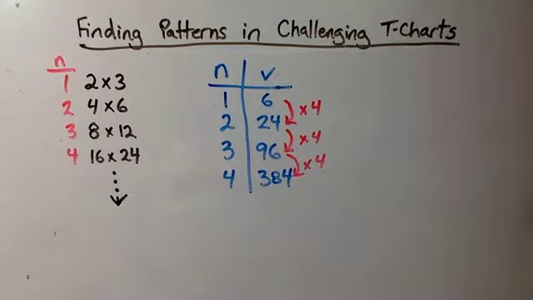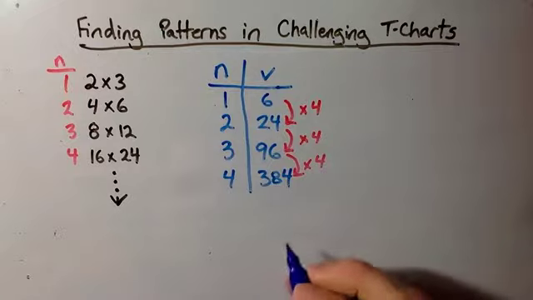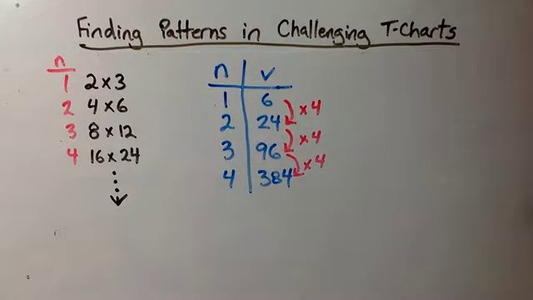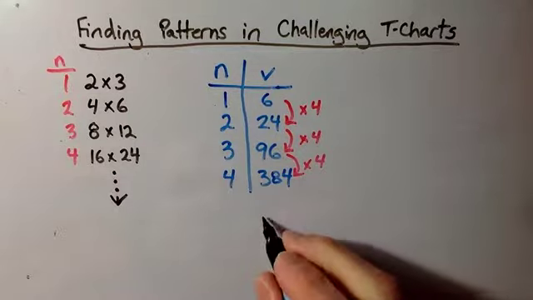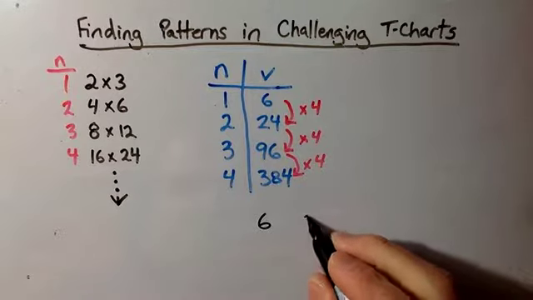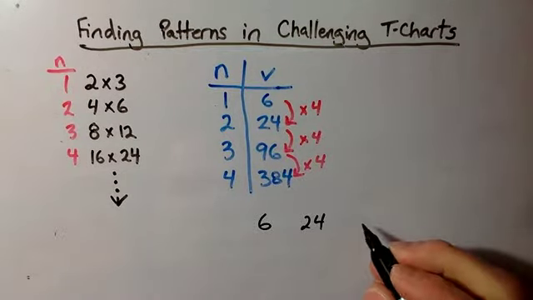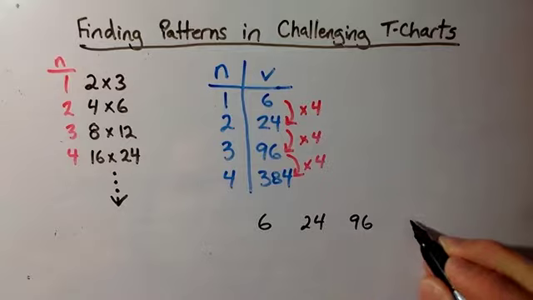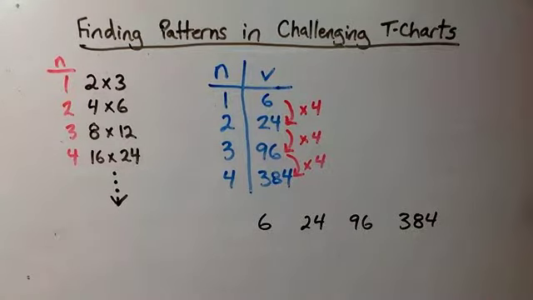If you remember back to factoring, we can also think of it that way. If I wrote the numbers along in a line, our first number is 6, our next one's 24, 96, and 384. Every time we're increasing here, we're multiplying by 4.